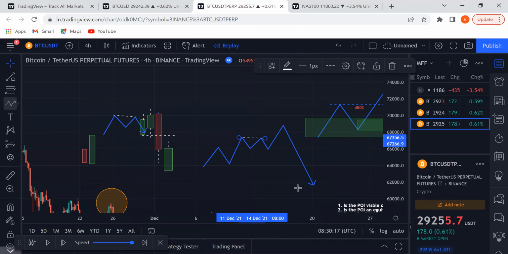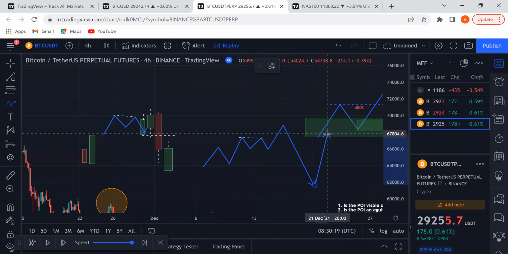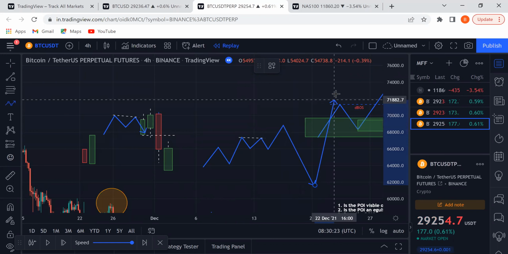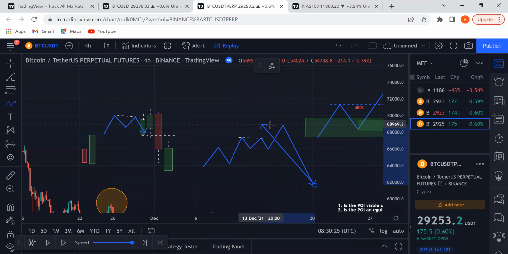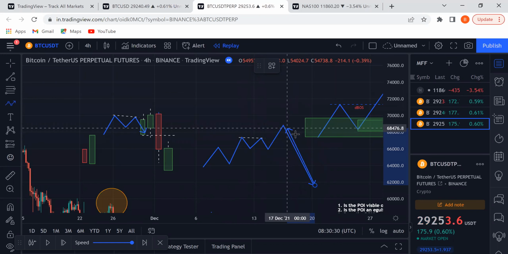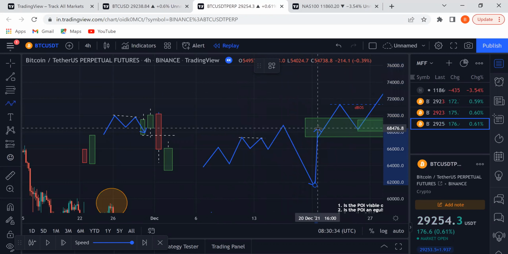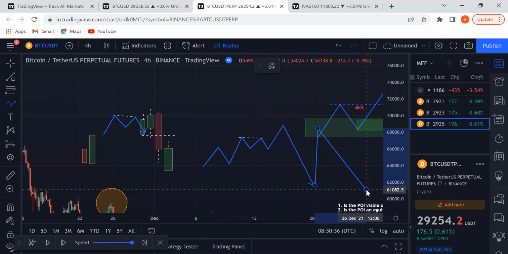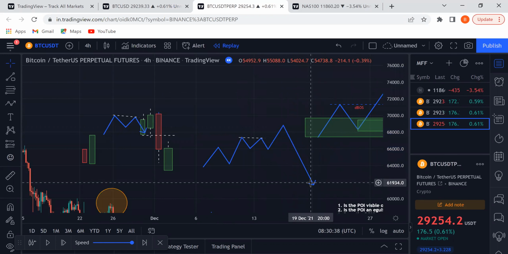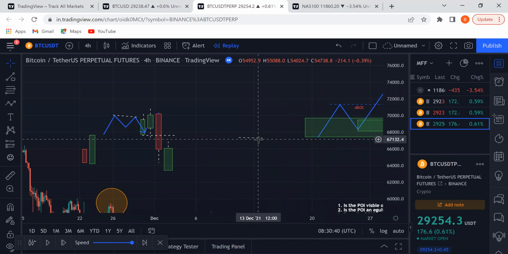So by the time price comes into your POI, it will not have that much reason to keep going up, because most people have been liquidated around here. So not many people will have orders here to make price push forward. So it will likely reject at that level. This is clear, right? I believe.